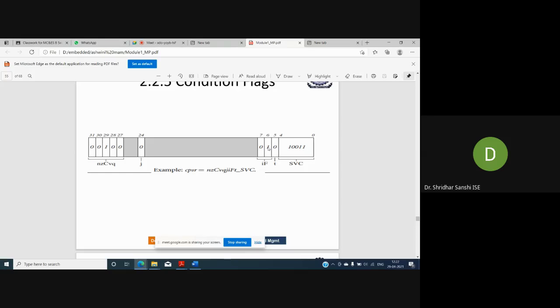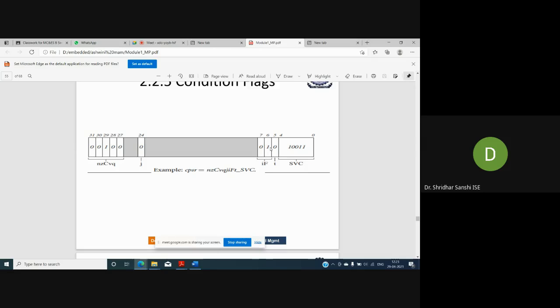This corresponds to the interrupt request, and this corresponds to the interrupt masks. Yes, correct. There are 2 interrupt masks, right? Interrupt request mask and fast interrupt request mask. So this bit corresponds to the fast interrupt request mask, and this is set as 1.